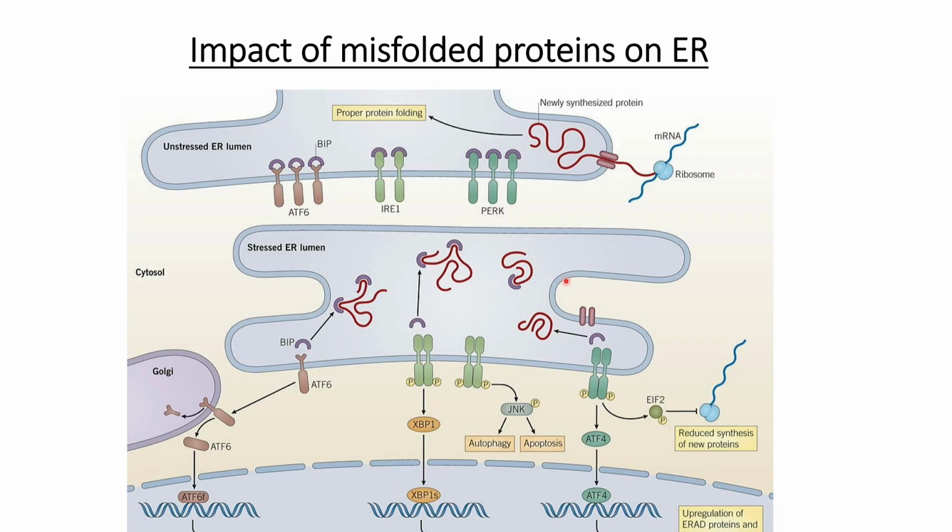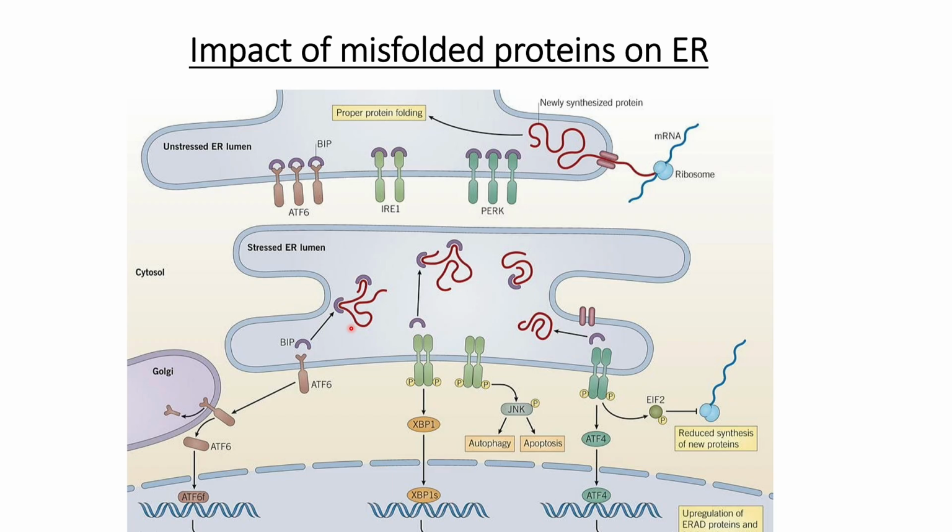You know what a chaperone protein is? Its main role is to help in proper folding of proteins, to correct misfolded proteins into their actual structure. So GRP78 binds to the misfolded protein and tries to bring it into its proper structure. Either it takes them to their proper chaperone, or if it is beyond control, it takes it to the ERAD mechanism to destroy the misfolded protein.